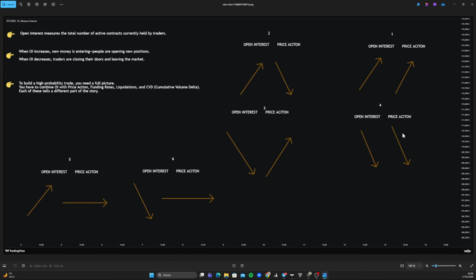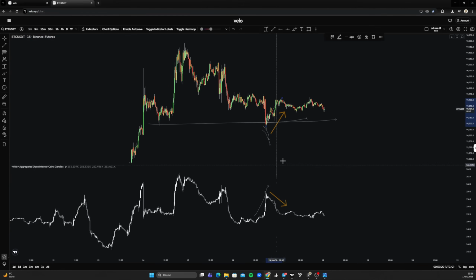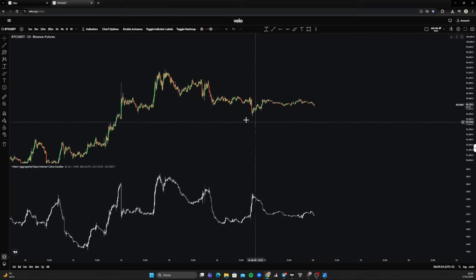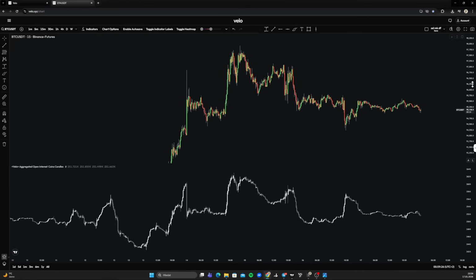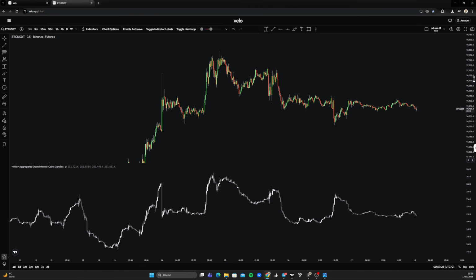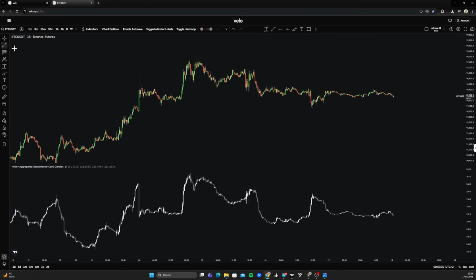And the fourth one is open interest down and price action down. We will look at the chart for the one I want to show you. I think it was this situation. It's a great situation.